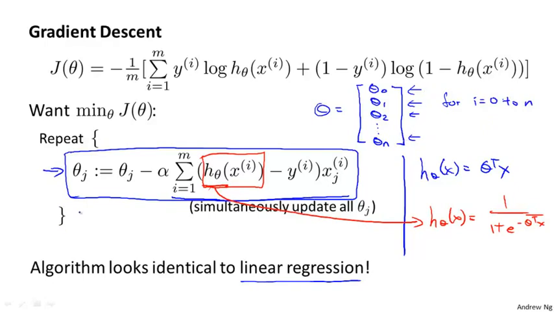But of course, rather than using a for loop, ideally we would use a vectorized implementation, which can update all of these n plus 1 parameters in one fell swoop. To check your own understanding, you might see if you can figure out how to do the vectorized implementation of this algorithm as well.